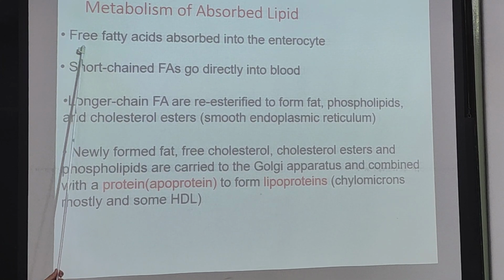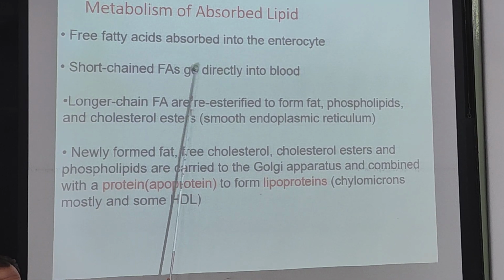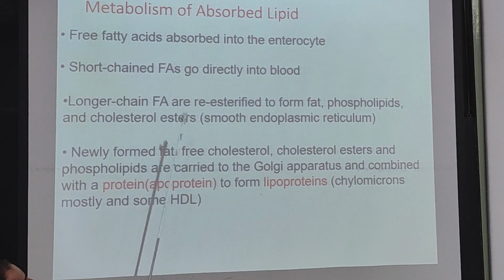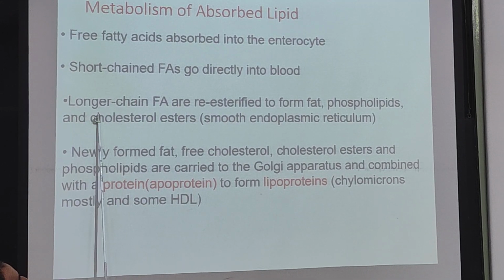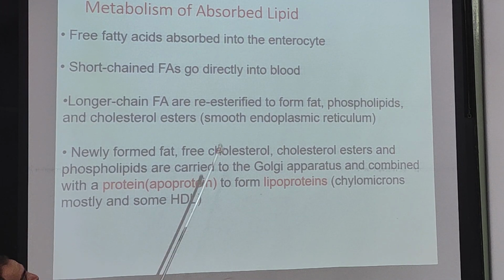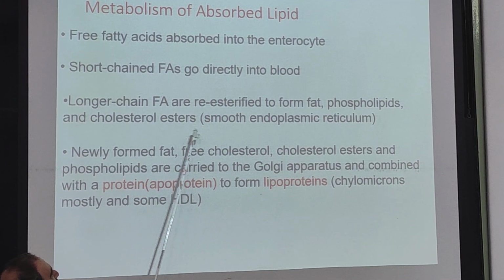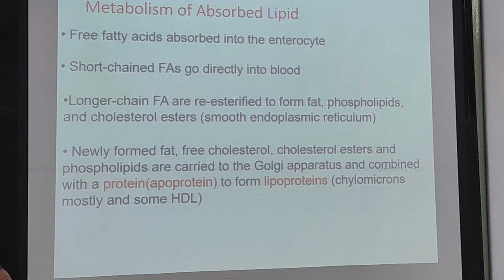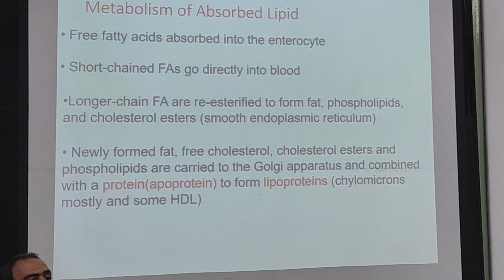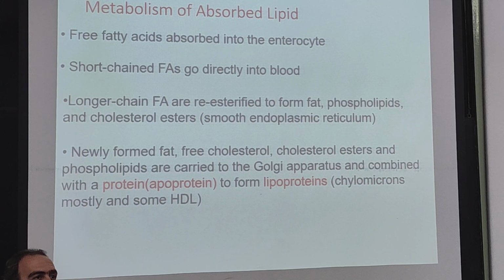So after metabolism of lipid, free fatty acid is absorbed into the intracell directly without any harm. Short chain fatty acids go directly, but longer chain fatty acids are re-esterified to form triglyceride, phospholipid, cholesterol, and so on. And we renew them or synthesize a new particle.